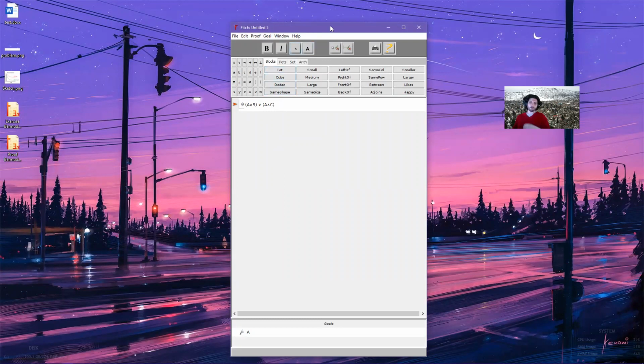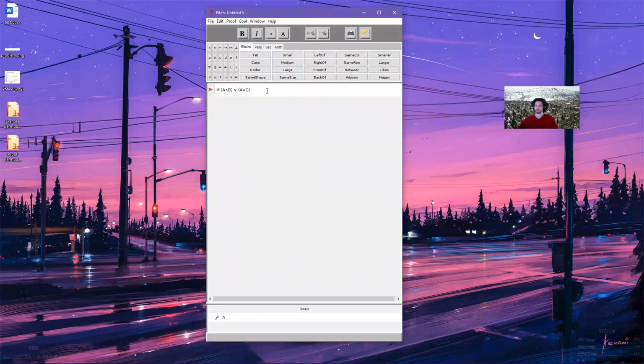So the thing about or elimination is that this is your first taste of subproofs, right? It's important to first understand the informal reasoning behind how an or elimination works. Another word for or elimination is just proof by cases, and I know you've seen this in other places too.